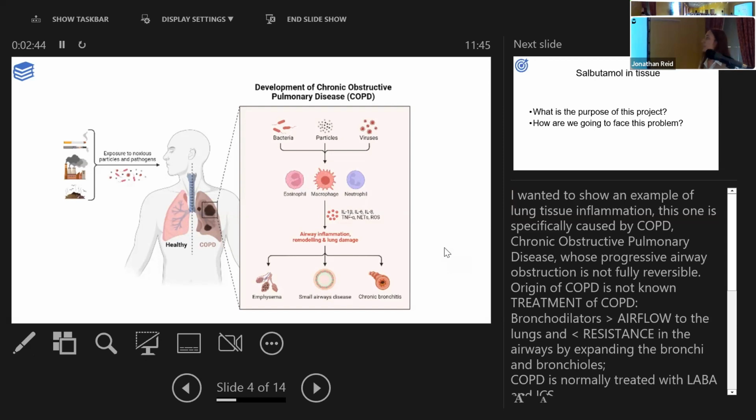They trigger the response of macrophages, eosinophils, neutrophils, and they all activate endogenous components like IL, which stands for interleukin, and TNF, tumor necrosis factor, and they all cause inflammation and remodeling of the lung tissue. And this causes lung damage, for example emphysema, small airways disease, and chronic bronchitis.